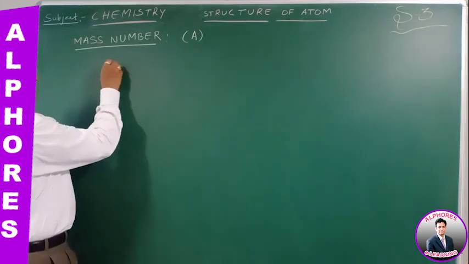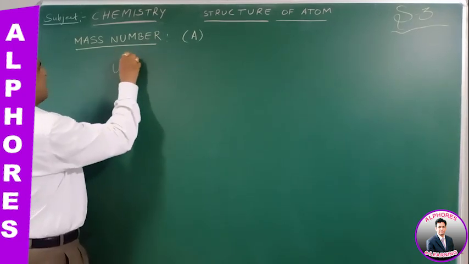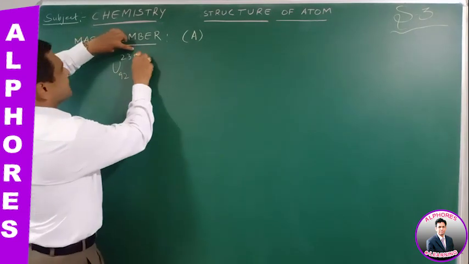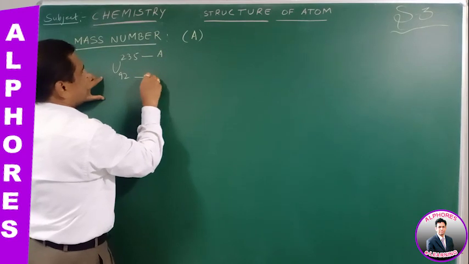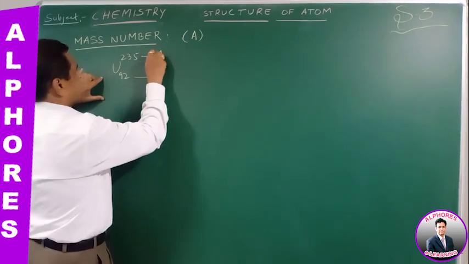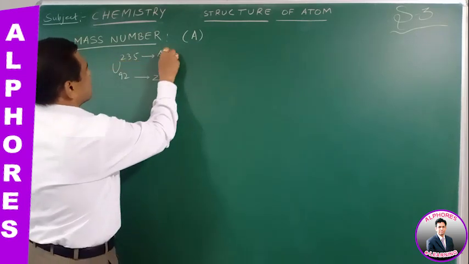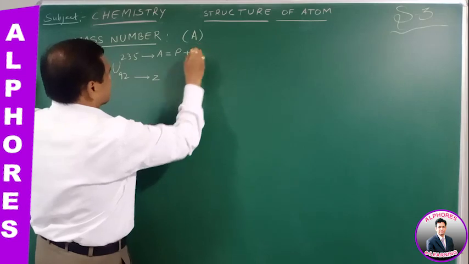For example, uranium 92-235. In this, the top number represents the mass number, and the bottom represents the atomic number Z. The mass number represents the sum of the protons and neutrons present in the nucleus.